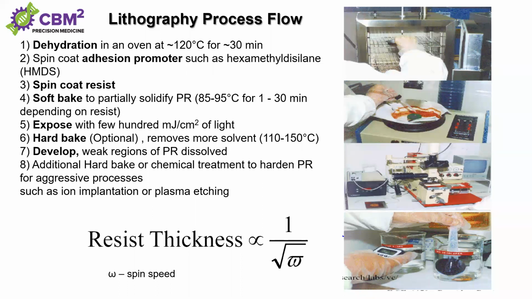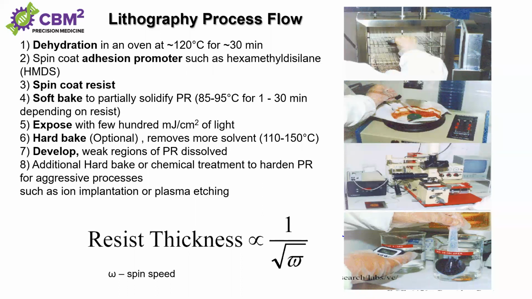Then you soft bake. The goal of the soft bake is to remove the solvent of the photoresist layer and partially solidify it. Then you do the actual exposure process.